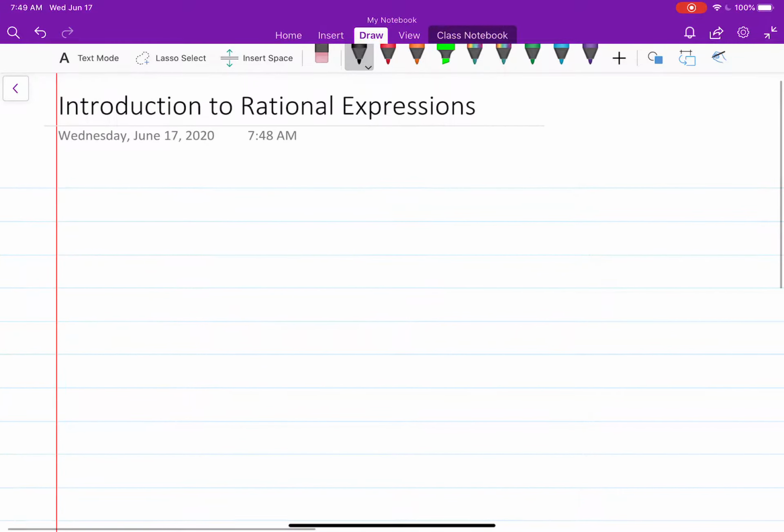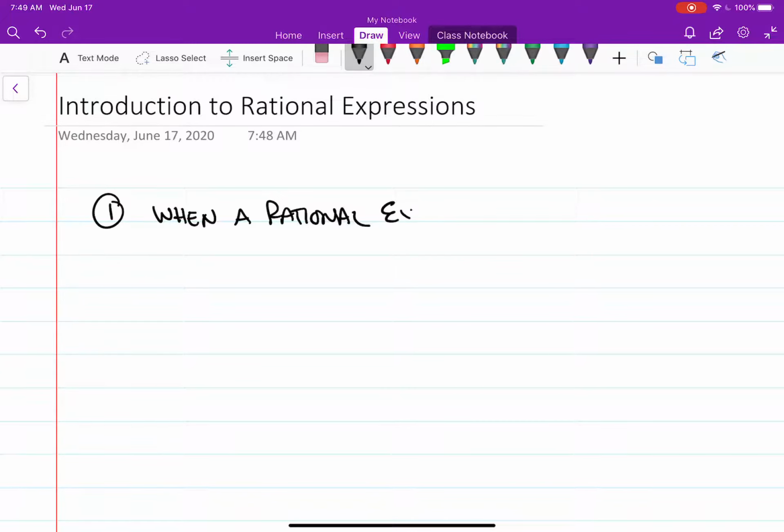So we're going to hit three things here today. We're going to talk about, one, when a rational expression is undefined.